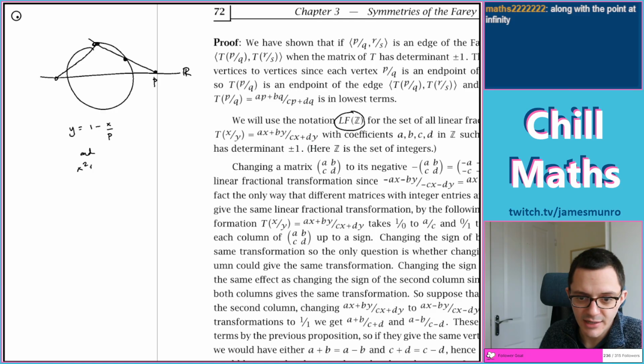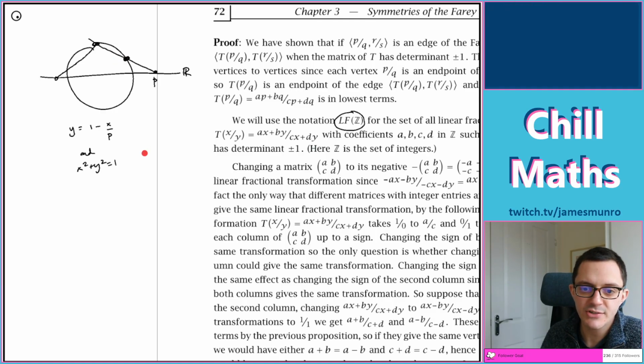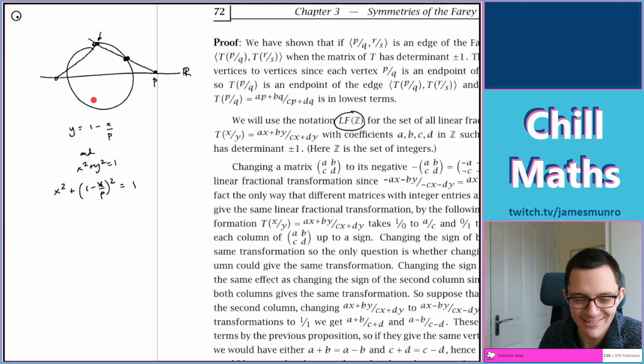And I'd like x squared plus y squared to be 1 to find this point on the unit circle. And this is not as hard as it looks, because we know that one solution of this quadratic is going to be the number 0. Because, behold, here is that very solution where x is 0 and we're up there. So I just need to work out the coefficients, which is not too bad.